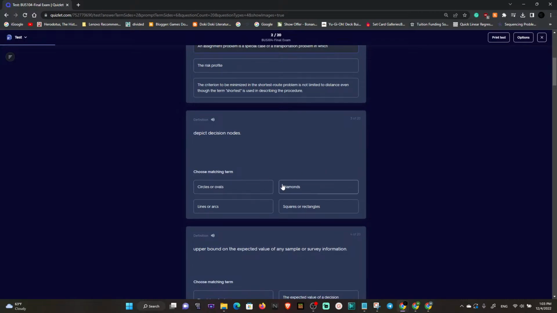Depict decision nodes. Is that circles, diamonds, squares, or what are they? What depicts the decision nodes? Isn't it the one that we were talking about, the tree? Does this have something to do with the tree? Yes, it has to do with the tree. Were they circles? I just remember the tree.